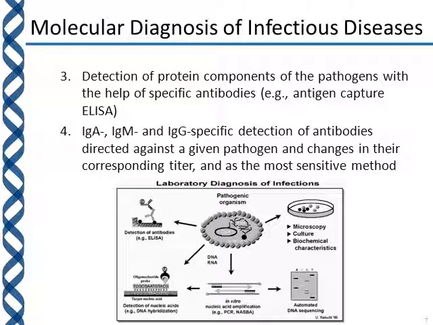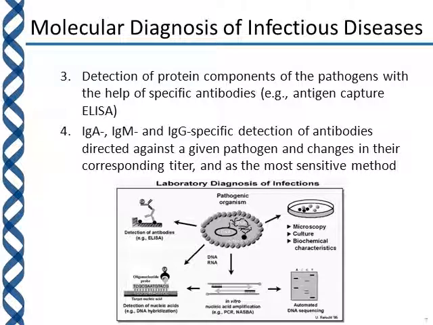The other option, number 4, is IgA, IgM, or IgG specific detection of antibodies directed against a pathogen, or changes in their corresponding titer, and this is the most sensitive method. For many infectious diseases, a patient will generate an antibody response against the pathogen, and one can detect the presence of those antibodies as a marker of the presence of disease.